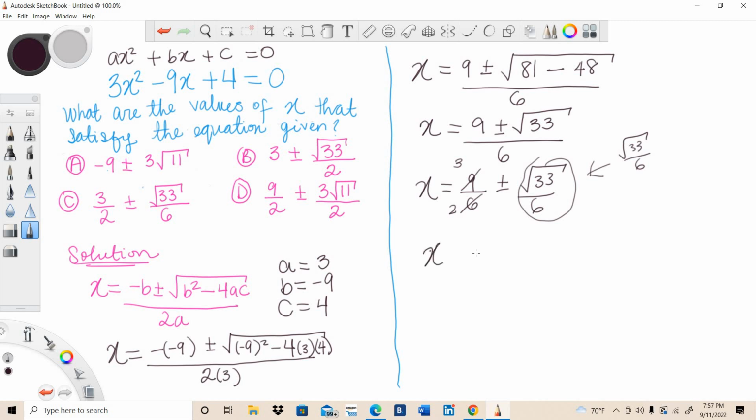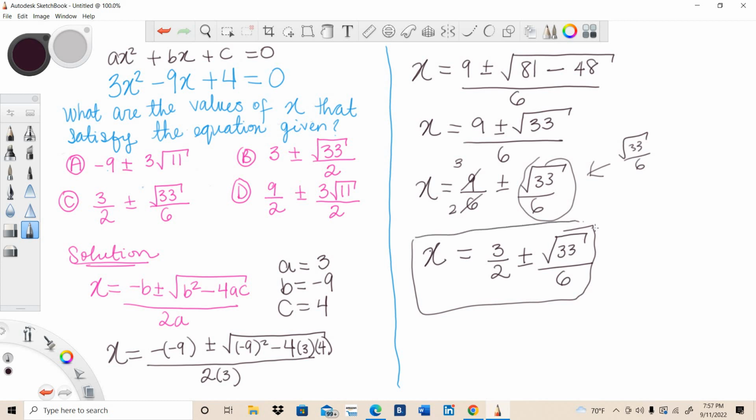So our answer is going to be x equals 3 over 2 plus or minus the square root of 33 divided by 6, and basically this is the answer to the question. So what are the values of x that satisfy the equation? It is x equals 3 over 2 plus or minus the square root of 33 over 6, which is option C, and this is the answer to our question.